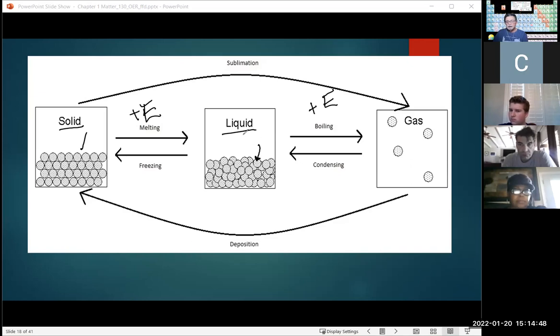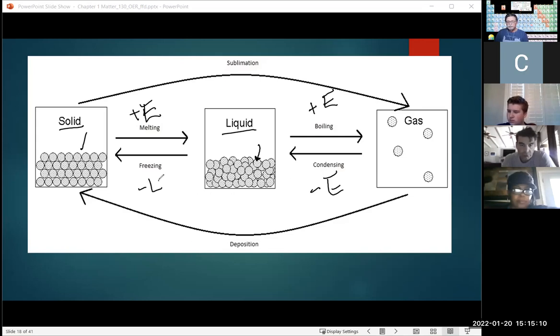And so it went from solid, liquid to gas. Now, once you're in the gas phase, we can take energy away from it. And sure enough, you can take a gas, reduce the temperature, taking energy away from it, and go from gas back to liquid. Okay, we call that condensation or condensing.